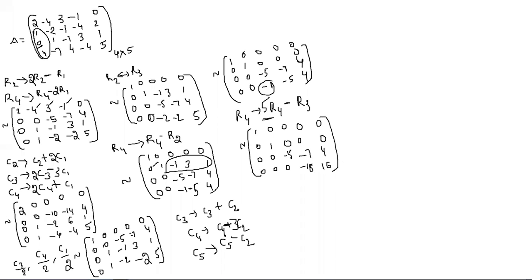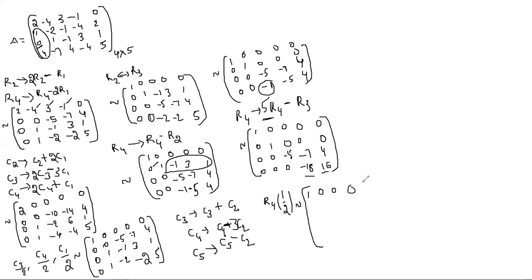Okay, so this is the one. And next, if you observe this one, 18, 16 also. So simply what we can do, we can multiply R4 with 1 by 2, just for minimizing; otherwise we can go directly, no problem.